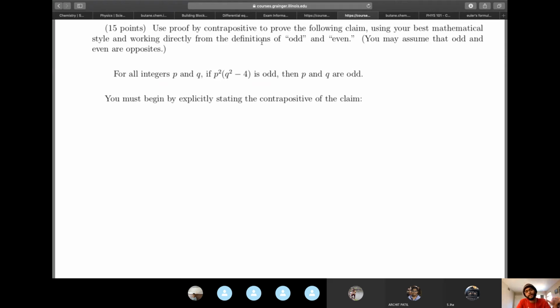So let us start by trying to rephrase this statement in a contrapositive way. Which are the two statements that we have here? Statement A is p squared times q squared minus 4 is odd. Statement B is p and q are odd. This then is very important.